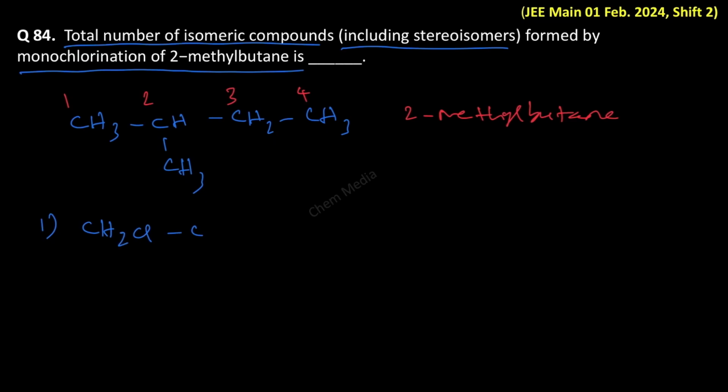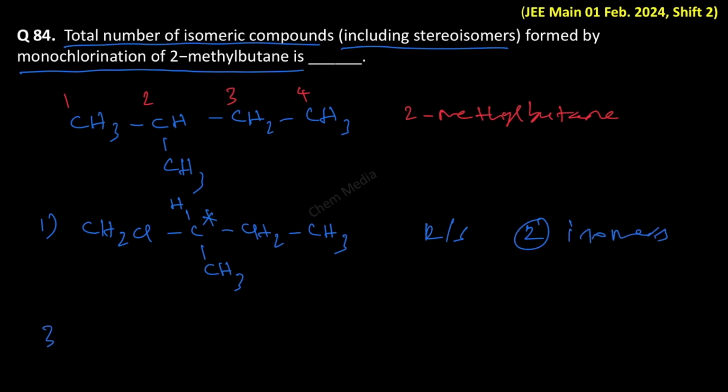CH2Cl, and then CH, CH3, CH2, CH3. Because this carbon atom has 4 different groups around it, it becomes a chiral center. That means R and S configuration is possible. So therefore we should count it as 2 isomers, isn't it?